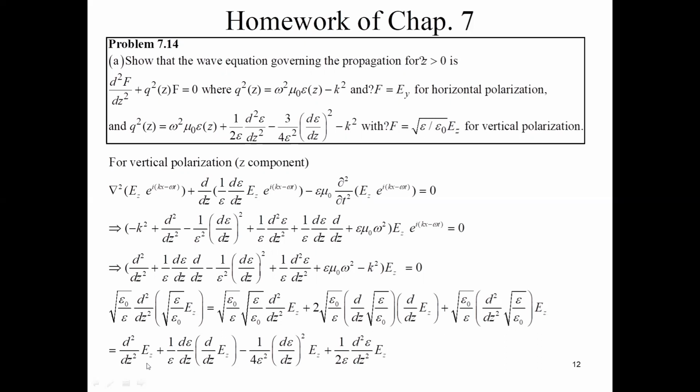You can see that this term is the same as the front part of this equation: d squared dz squared plus this second term, and the third term equals this, and the fourth term is this.